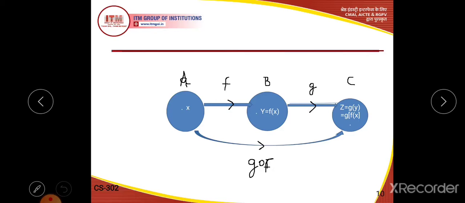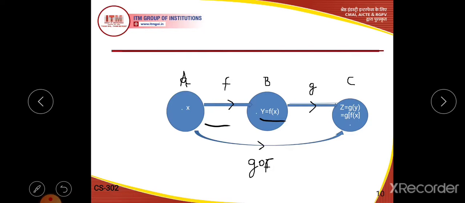Now f is a function which is defined from A to B. In set B, y is equal to f(x), because the image of x is f(x), and y is an element of B. Similarly, z is an element of C.